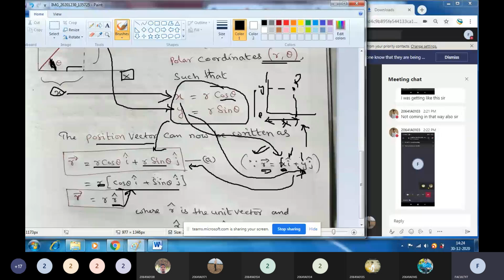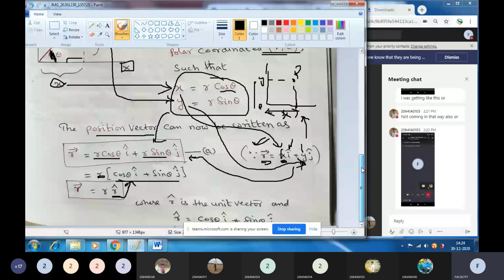Now we are going to consider this r cap as a unit vector. The direction of this unit vector will be along r. So for that we will refer to the second diagram.